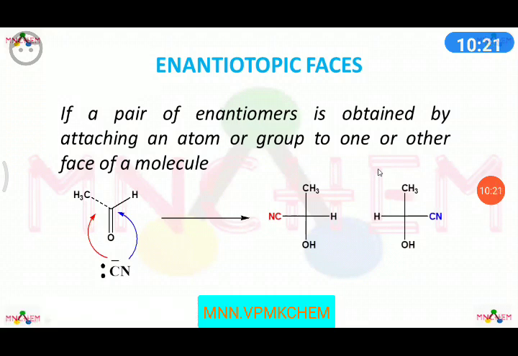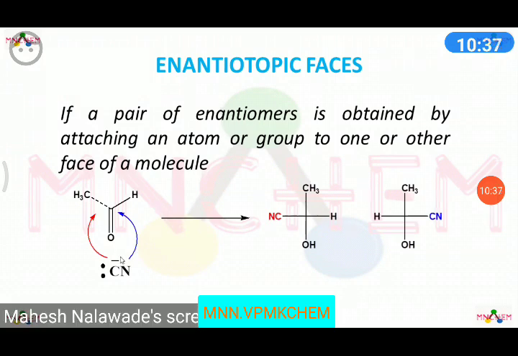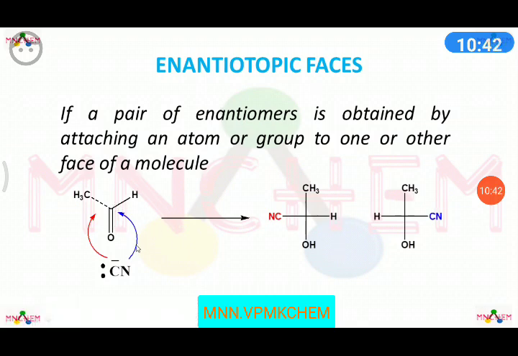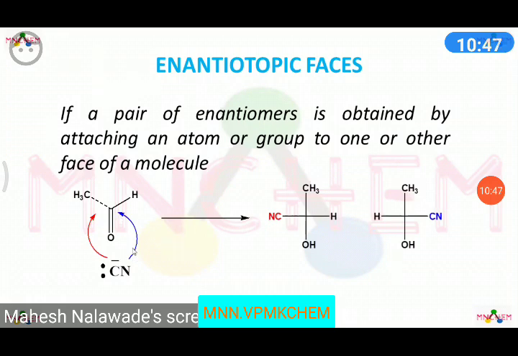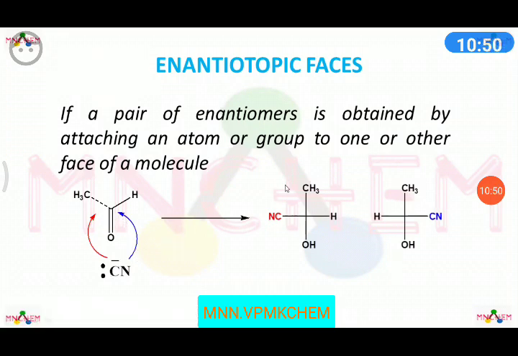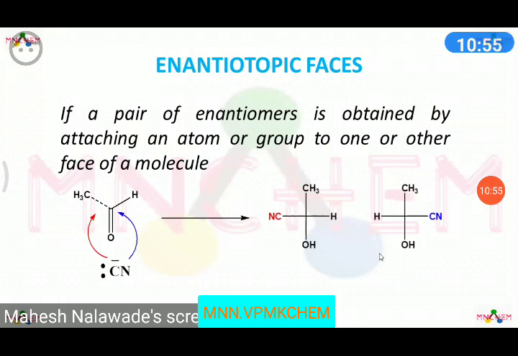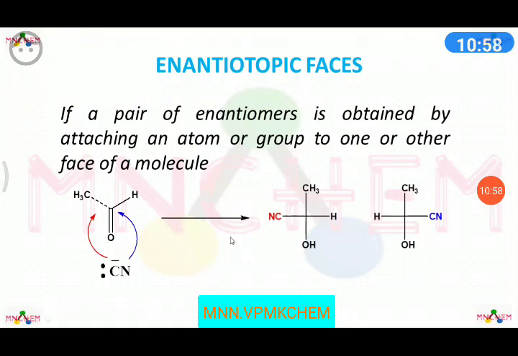These two products are enantiomers of each other, non-superimposable mirror images. Therefore, the two faces of acetaldehyde are known as enantiotopic faces. So, attack of the nucleophile from either face, front or back, gives a pair of enantiomers as a product, and that is why the faces are enantiotopic.